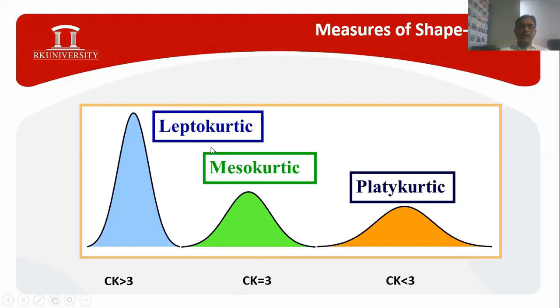Another classification is leptokurtic data, where the peak of the data is thin, right? The spread between the lowest value and highest value is very narrow, so this is less spread data. In this case, the coefficient of kurtosis is greater than 3.